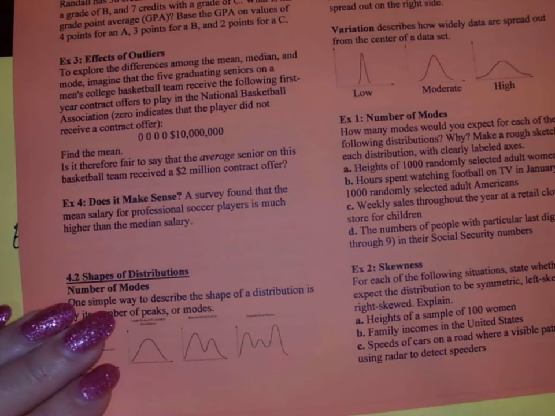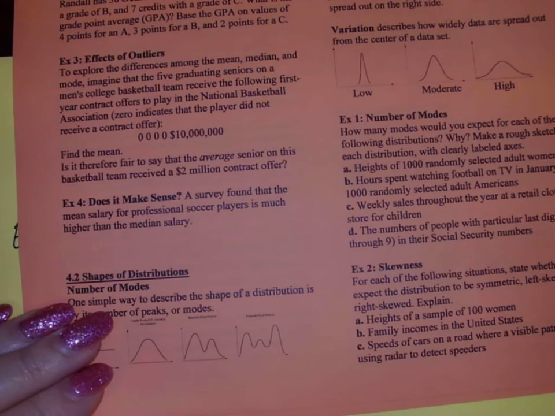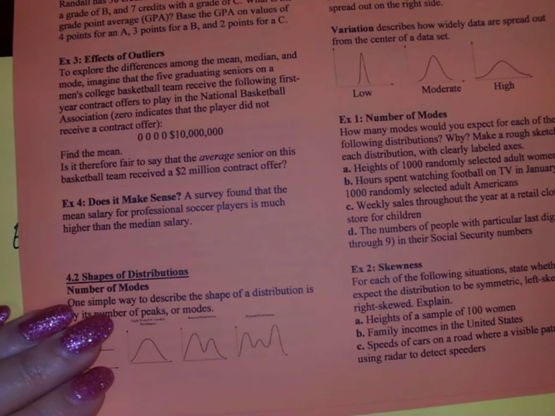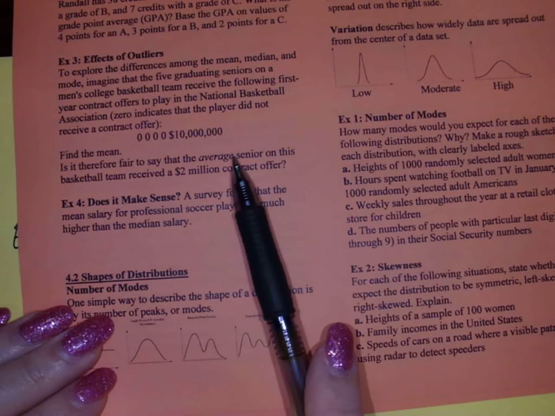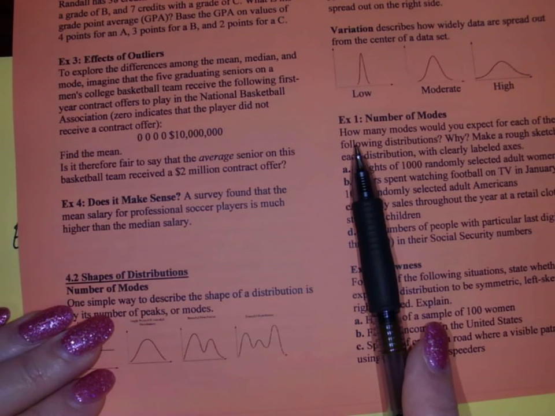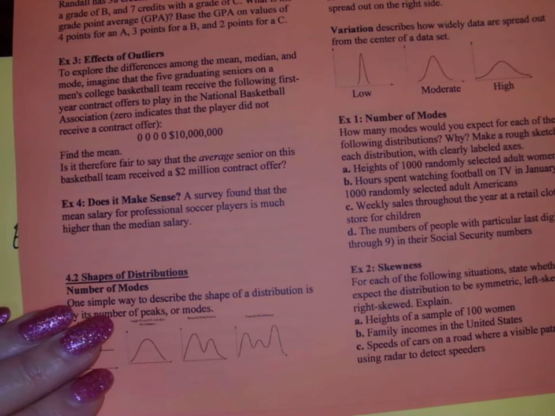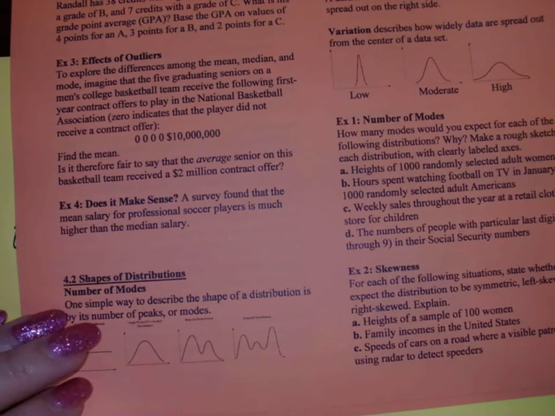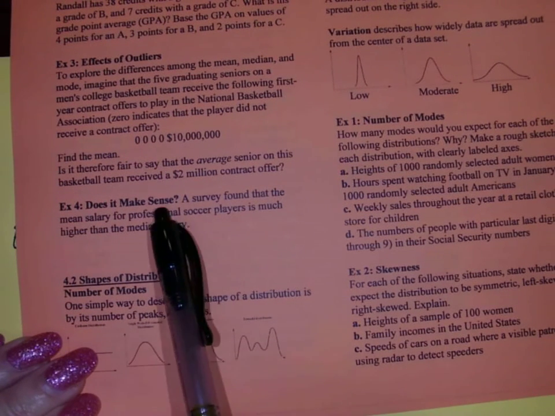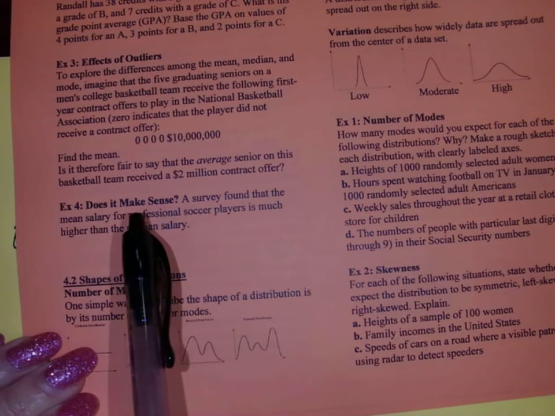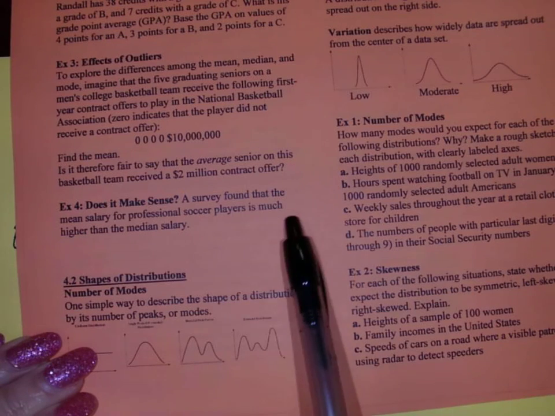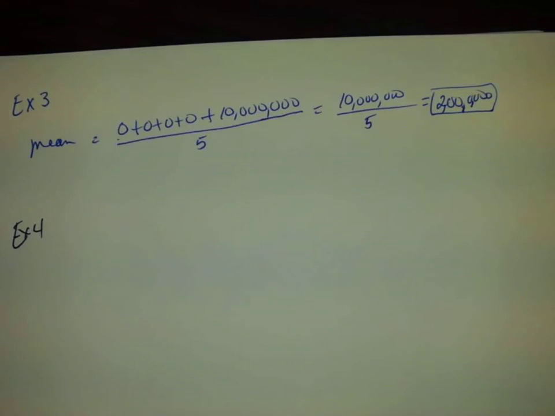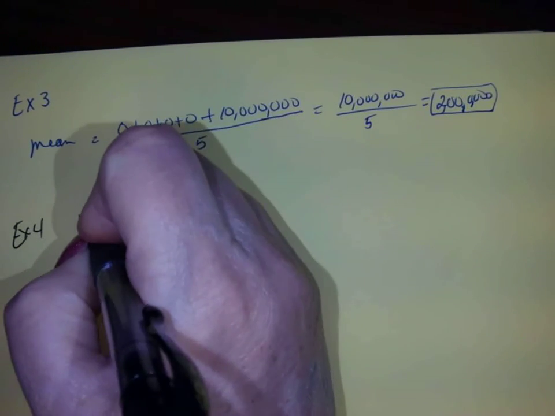Well, it kind of makes sense because you're going to probably have a few players with high salaries, which are going to be outliers, and those outliers are going to pull up your mean, right? Just like the one that we just looked at, except these are soccer players instead of basketball players. So the mean is going to be higher than your middle number because it's going to be pulled up by those couple of outliers out here. So this is going to make sense.